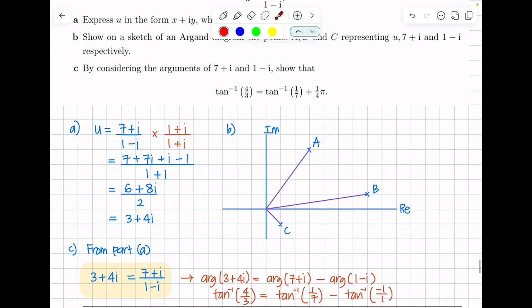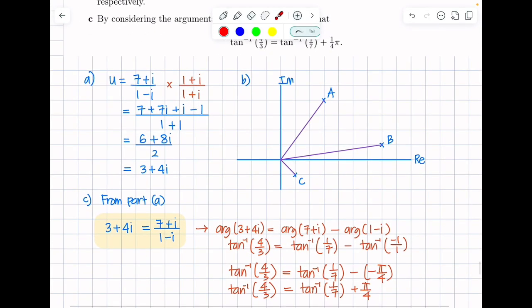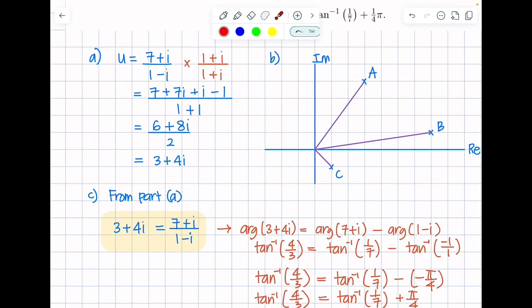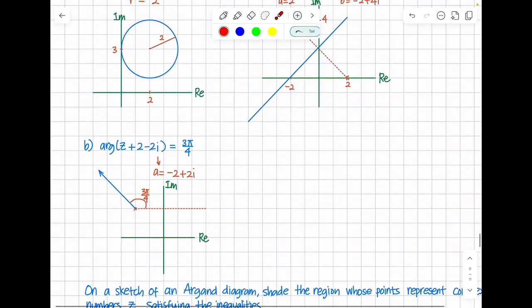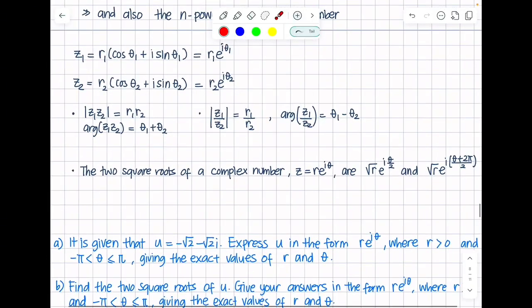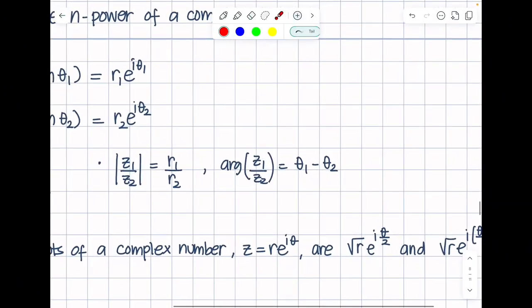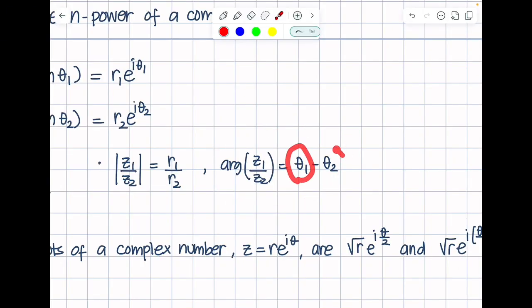And for part c, from part a, we can conclude that 3 plus 4i equals 7 plus i over 1 minus i. Using the quotient property, argument z1 over z2 is argument z1 minus argument z2.